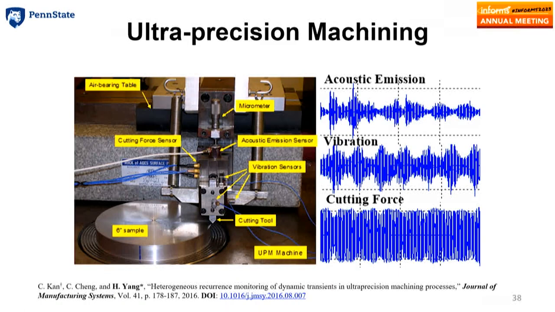This is a manufacturing example, ultra-precision machining. As we can see, there are signals: acoustic emission, vibration, and cutting force. And we have this paper detailing the development of heterogeneous recurrence monitoring of dynamic transients in the ultra-precision machining process.